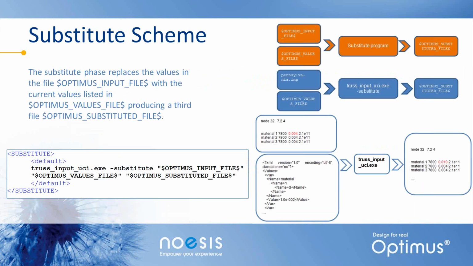Explaining that in a scheme again, we have the substitute program that is taking the original input file and the list of values that we have to substitute. As you can see here, we have the original and we want to substitute the value for material one, then this program creates the output like that.